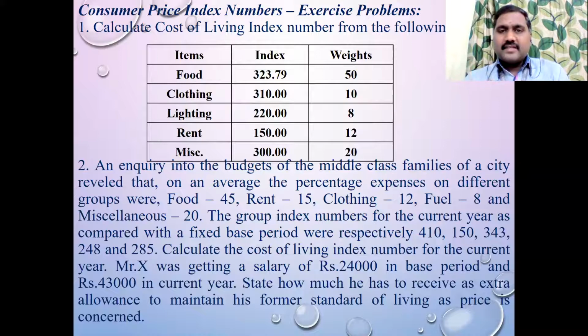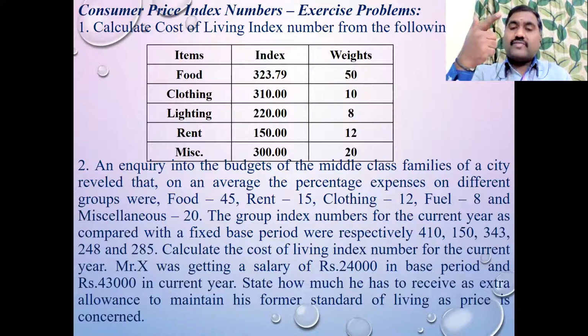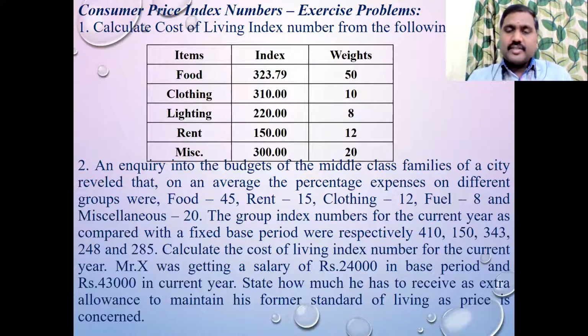After calculating the consumer price index number, it should be applied to the previous salary of 25,000. So we will get 38,000 something, right? If you add 38,000 to the current salary, you will get 78,000. So 78,000 minus the present salary gives 38,035. That 35 is the extra allowance we need to give along with the present salary. This is how we need to work out, and we worked out this problem, right?